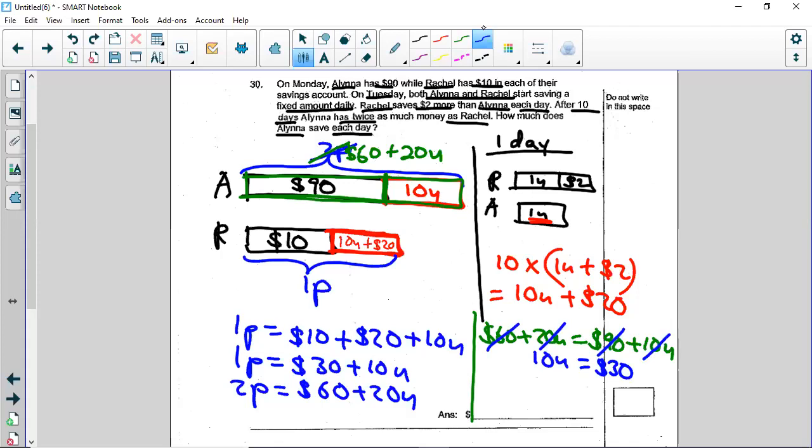Okay, understand how to get 10 units equal 30? You take 90 minus 60, you get $30. Then 20 units minus 10 units become 10 units. So how much is 1 unit? So 1 unit is $3. Okay, so if 1 unit is $3, how much does Alina save each day? Which is 1 unit, $3. So answer $3.